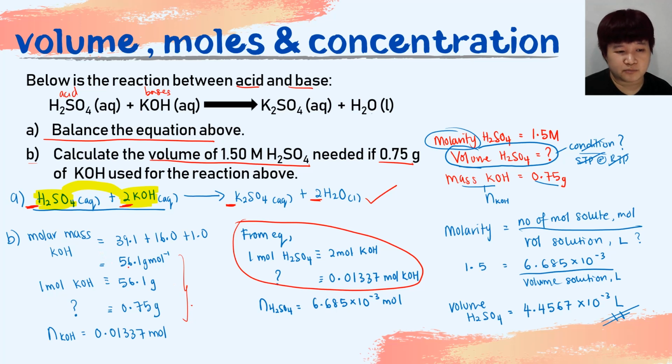Whether the question gives you mass, you find the number of mole, or the question gives you volume, you find the number of mole. Or we can use the formula of molarity. So when the question gives you concentration, you can use the molarity formula to find the number of mole or to find the volume. But first and foremost, it's still about the balanced chemical equation and the stoichiometry between the reactant and product from the balanced chemical equation.